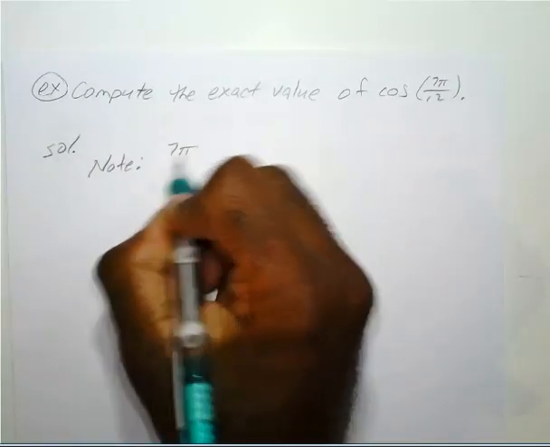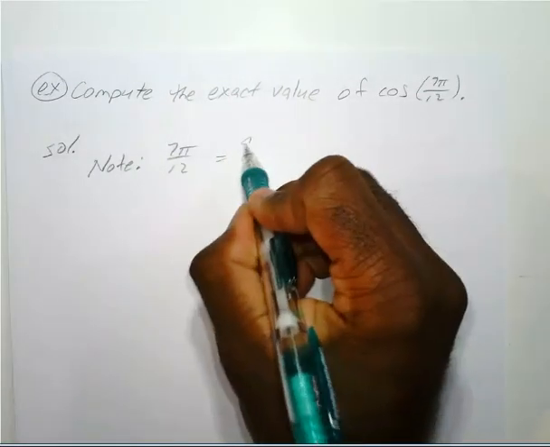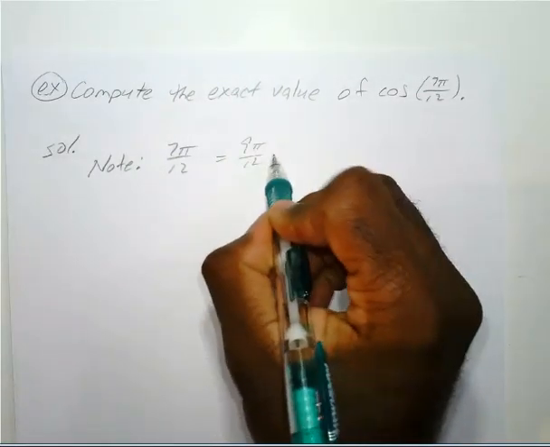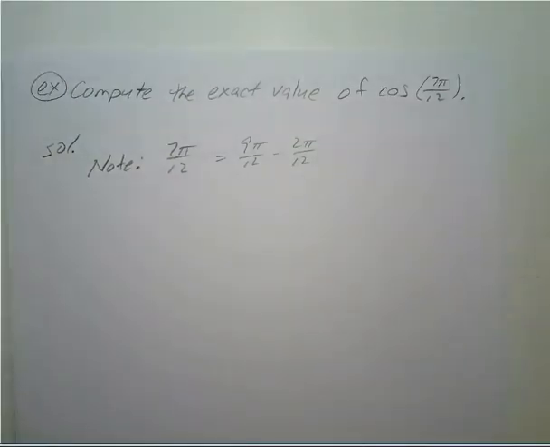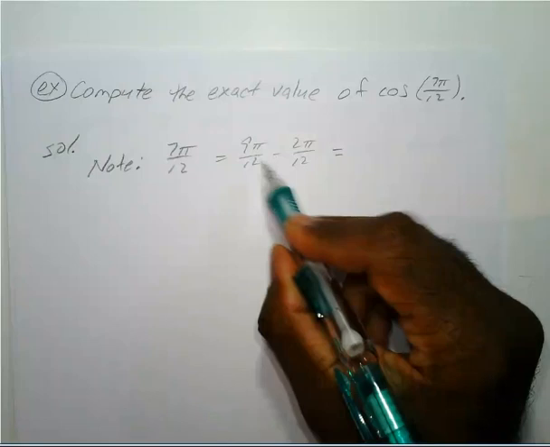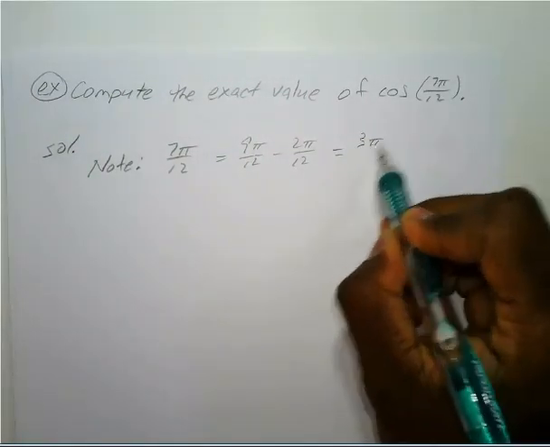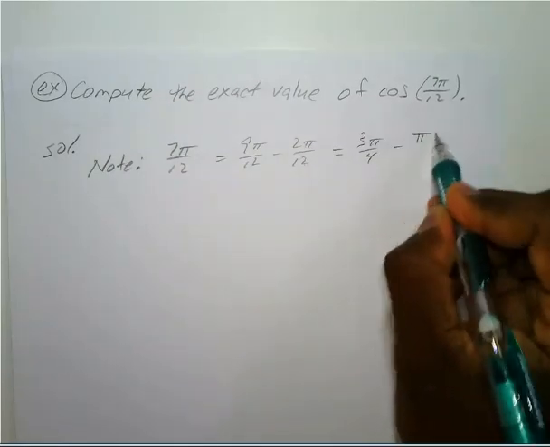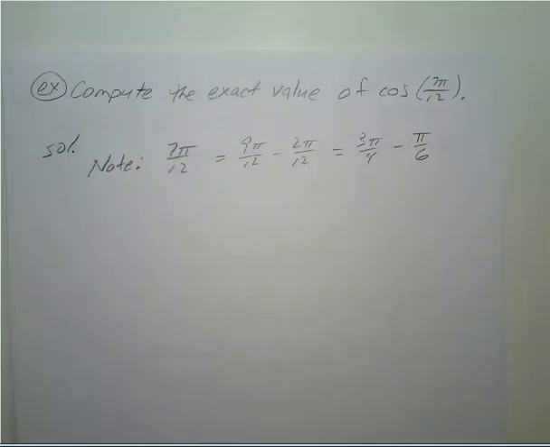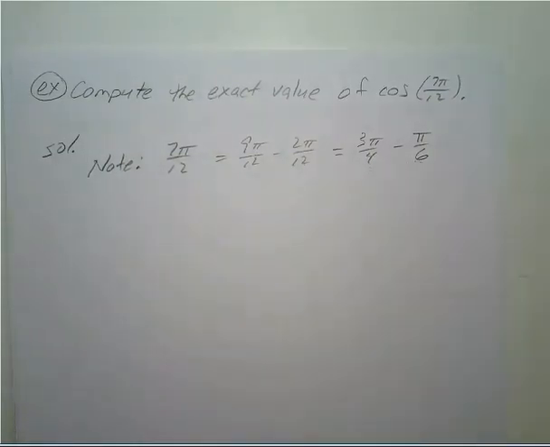If we have 7 pi over 12, we can make that 9 pi over 12 minus 2 pi over 12. 9 pi over 12 simplifies to 3 pi over 4, and 2 pi over 12 simplifies to pi over 6. Again, two values that are a little more familiar on the unit circle.